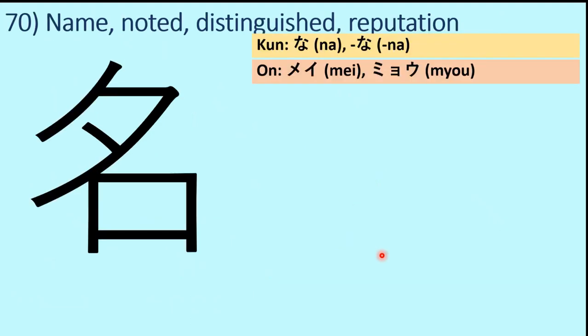The last character for today's lesson is this character, which represents name or noted or distinguished or some reputed person, that is reputation. The Kun'yomi reading is na, and the On'yomi readings are mei and myou.